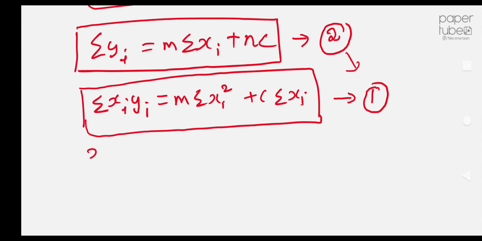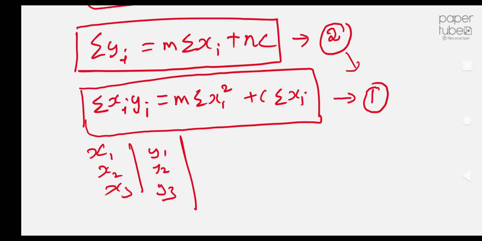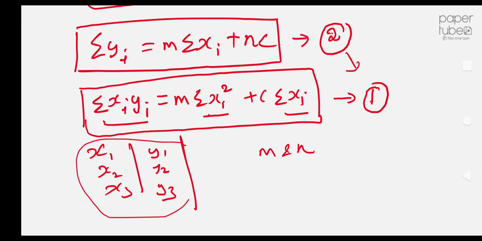If we have x1, x2, x3, and y1, y2, y3 as an example, then using 1 and 2, if we manage to calculate summation of x of i multiplied by y of i, x of i whole square, summation of x of i, then we can obtain equation 1, and also get equation 2, and from equations 1 and 2 we can solve to obtain m and c. So if we have experimental data x versus y, we implement equations 1 and 2, and from there we can get m and c.